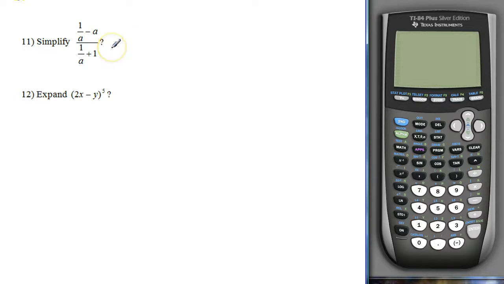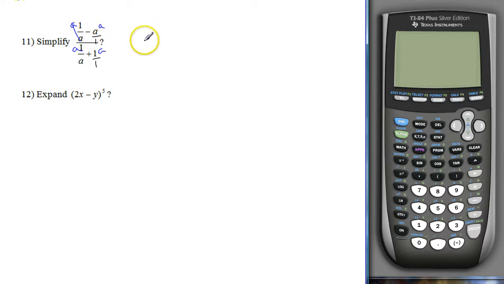All right, number 11. Complex fraction. So I'm going to make everything have little baby denominators everywhere. I look for the common denominator in this problem. I got a's and 1, so the common denominator is a. I put a in all the numerators. And then we cancel as we go.